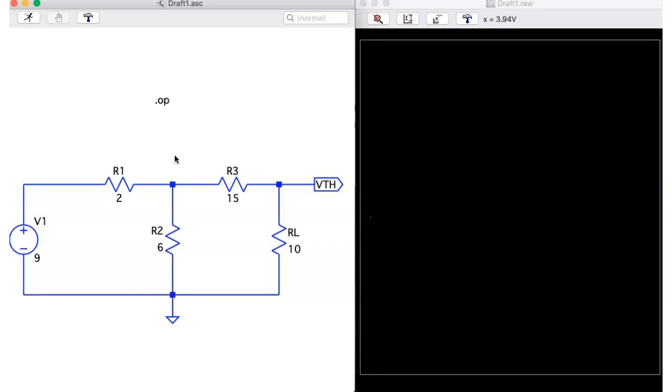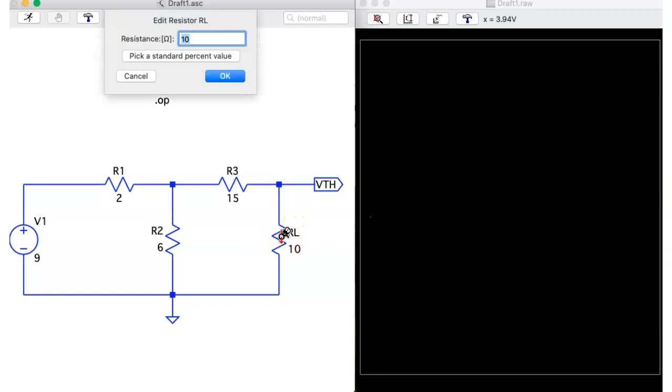First we will find out the value of the Thevenin voltage. Thevenin voltage is nothing but the open circuit voltage. When the load is removed from this circuit, the voltage that appears at this point is the Thevenin voltage. To open this path, the value of this resistance must be very high, so let's change the value of this resistance to a very high value, that is 9999999.